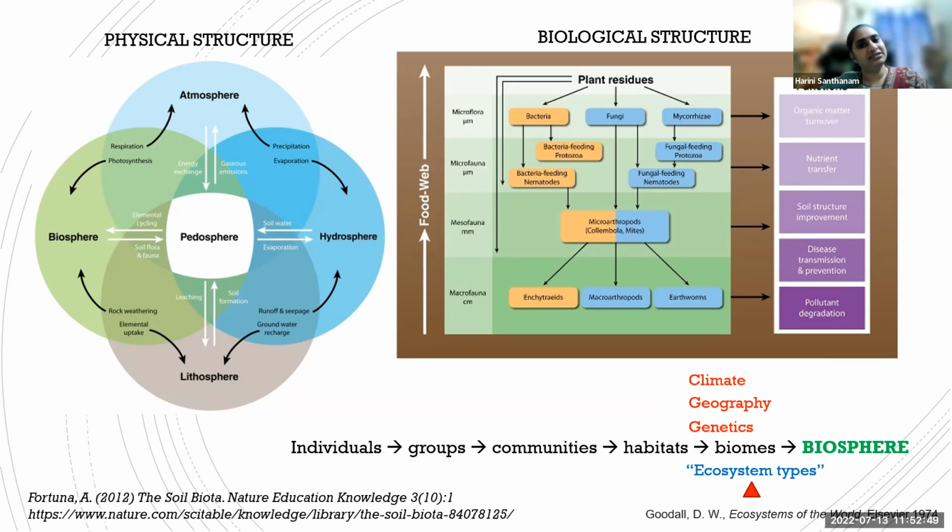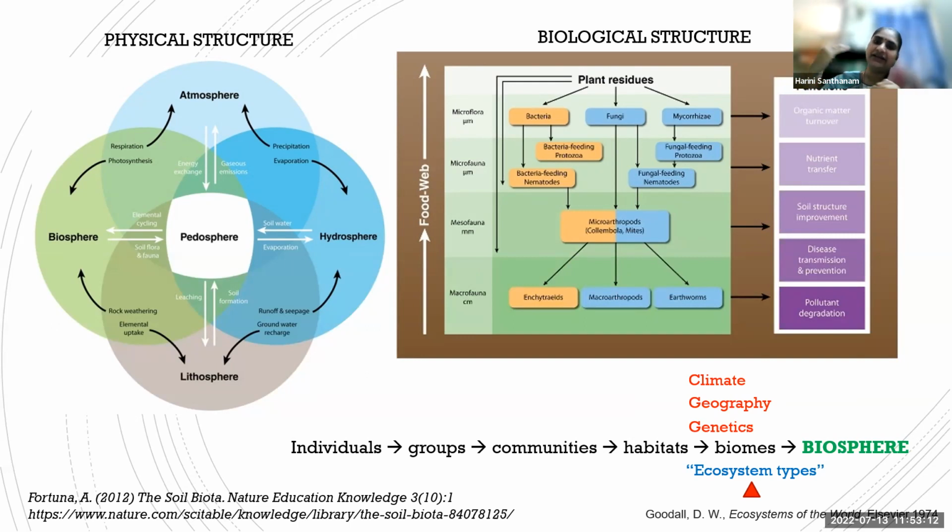So these two, you can see, are synchronized activities which take place at different scales. So geologically, if we look at the pedosphere as a lithospheric unit, then we can understand that these pathways are more geological in nature.